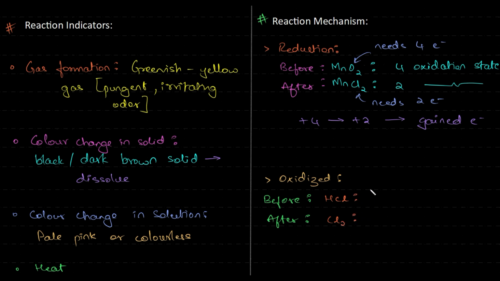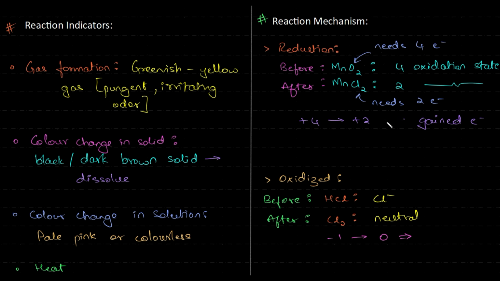Think about it. How is this possible? So initially here it is Cl minus. It's in chlorine ion, is it not? That is, it has a charge of -1. In Cl2, this is nothing but neutral. So it went from -1 to 0.